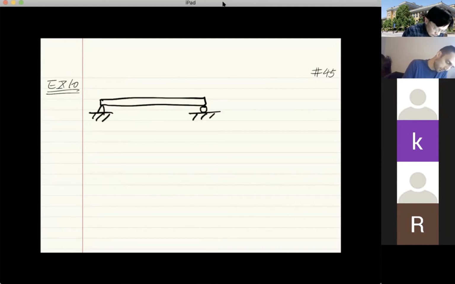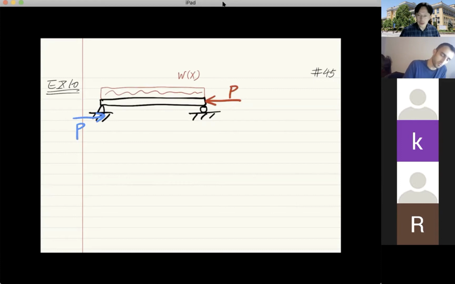And the loading now is uniformly distributed, and it can be denoted by w(x). Of course, to create buckling, there must be axial force. So axial force acts here, and consequently will produce a reaction force at the hinge, not the roller, at the hinge.